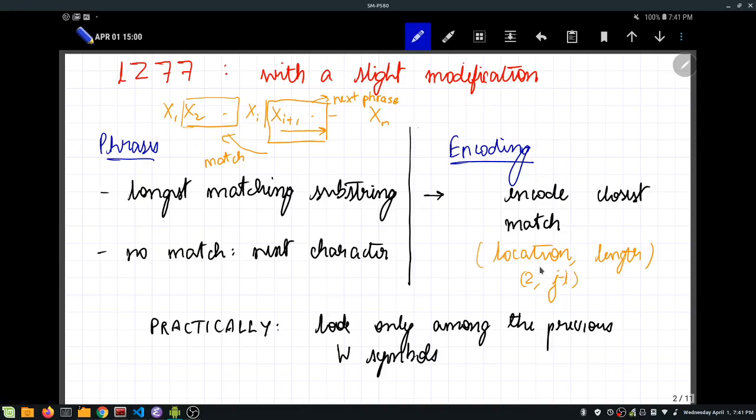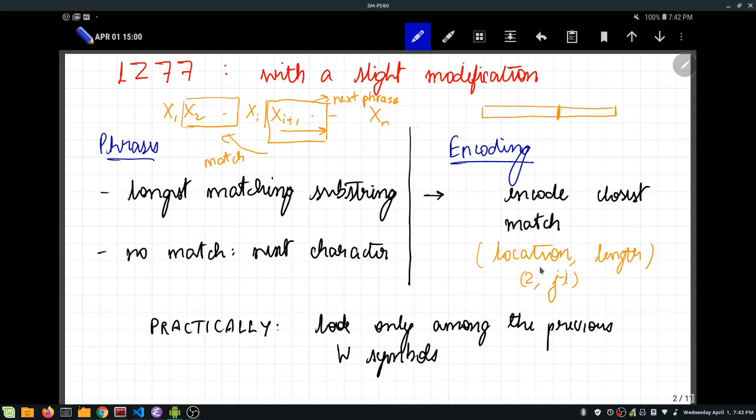Now this is one way to encode the location. Another way to encode the location is to use a relative method. So instead of encoding the location starting from 1, you can look at the location from i plus 1. Say this is your source sequence.